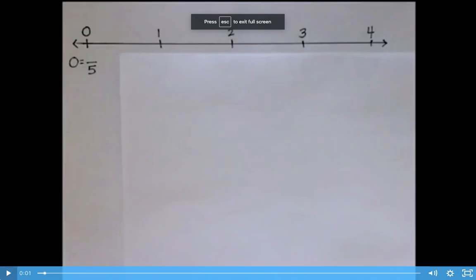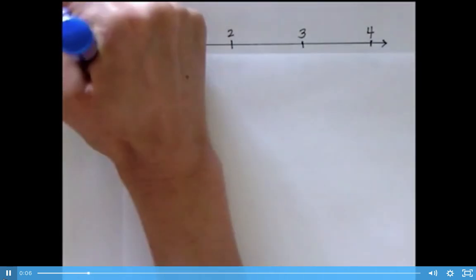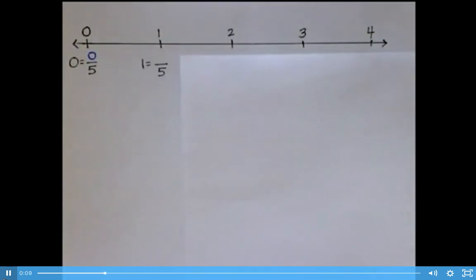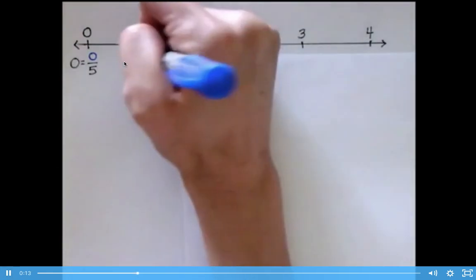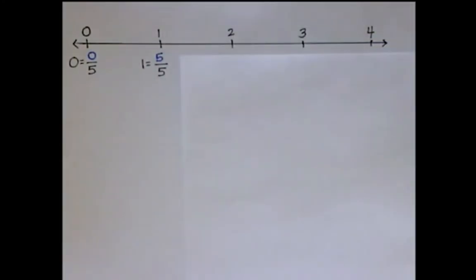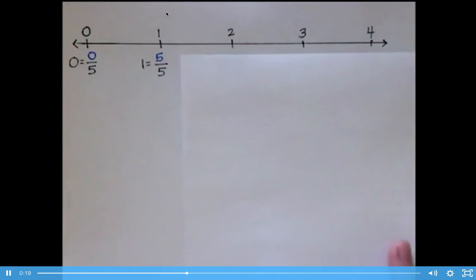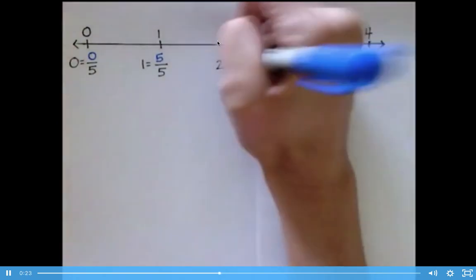All right, and so you can see that 0 is how many fifths? It's 0 fifths. 1 is how many fifths? It's 5 fifths. Now, how many fifths do you think there is going to be in 2 wholes?